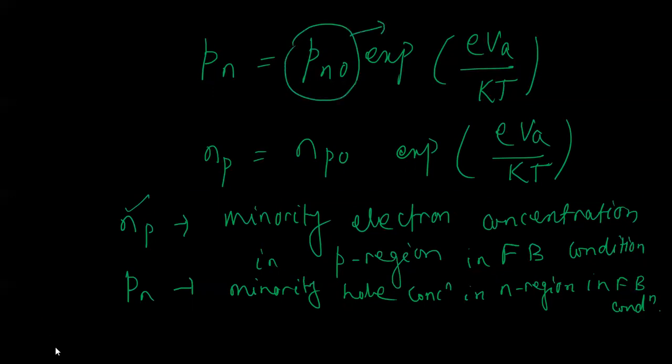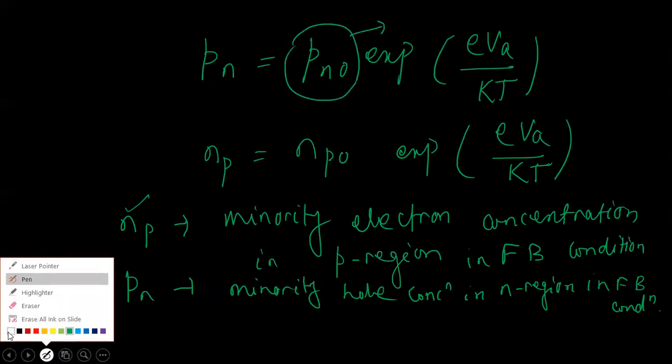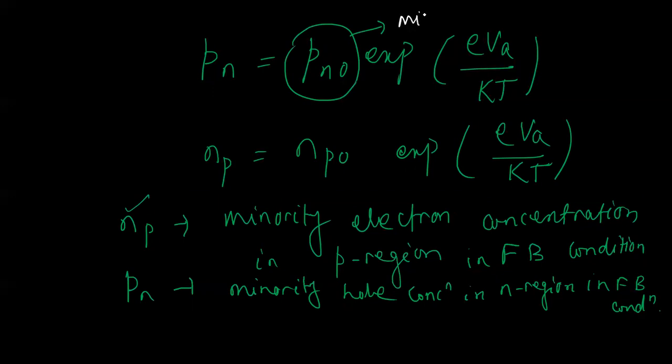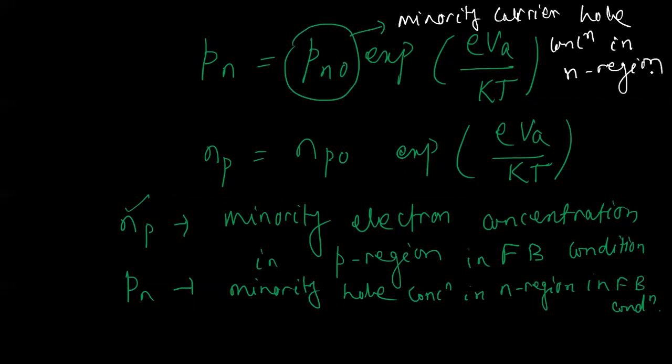So this is minority carrier hole concentration in n region in thermal equilibrium.